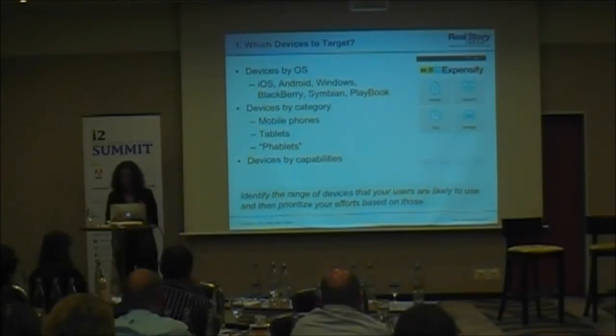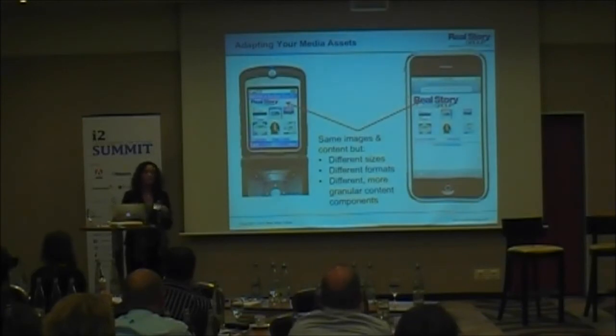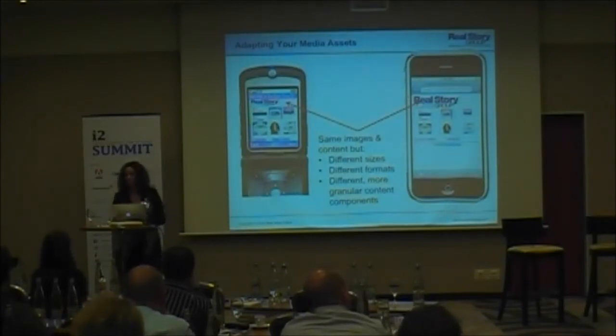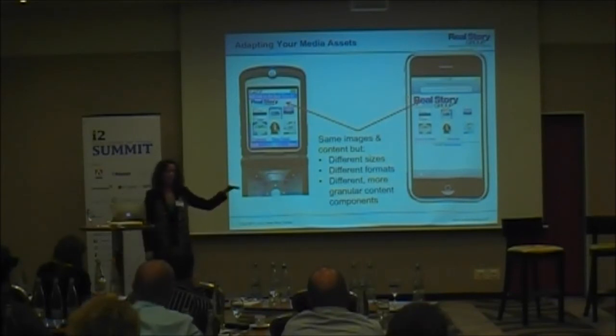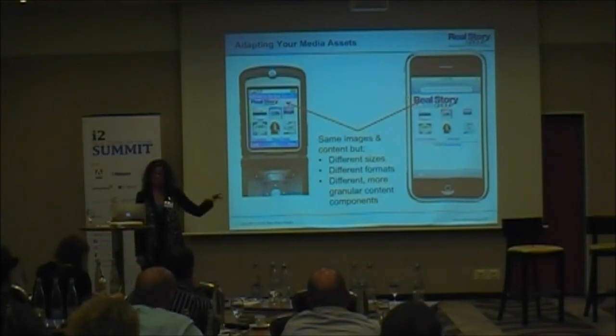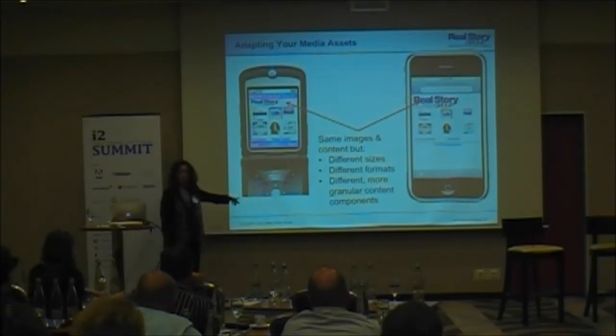So prioritize those, and then decide how are you going to adapt your assets. And how are you going to adapt your content specifically for each different device that you're going to prioritize, and also the operating system. So here's an example. A lot of times we don't like to talk about these sorts of phones, right?